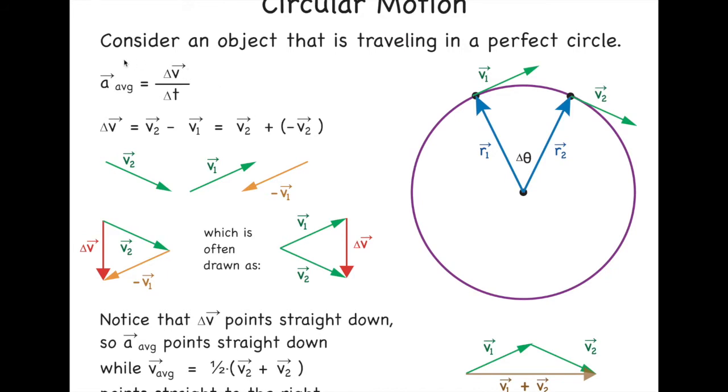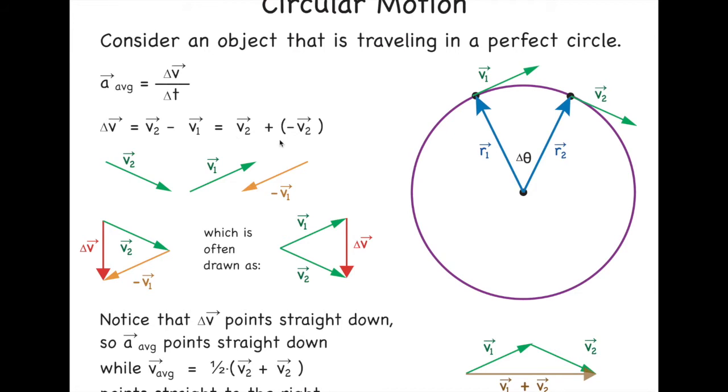So by definition of what the average acceleration is, remember that acceleration is change in velocity over time. Average acceleration is the change in velocity from beginning to end over the duration from beginning to end, the change in time from starting point to end point. So delta V is, like we said, V2 minus V1.